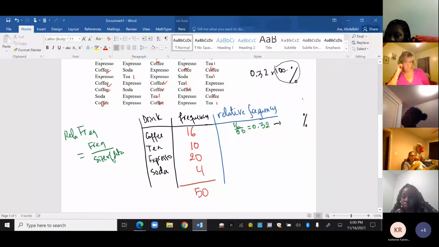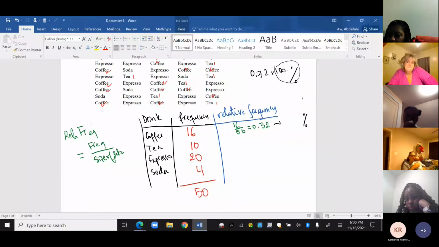100% is what number exactly? 100% is 1, a unit. So they cancel each other. They become 1. So if you want to convert any number to a percentage, you multiply by 100.